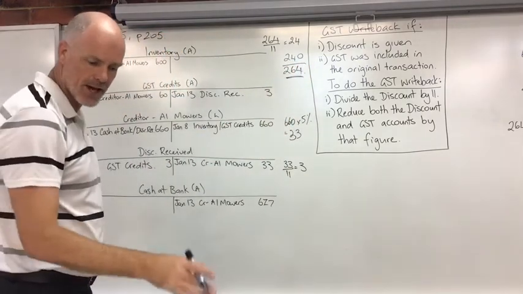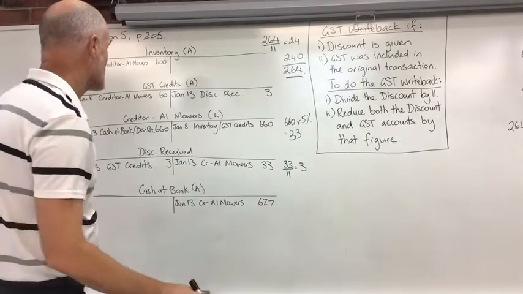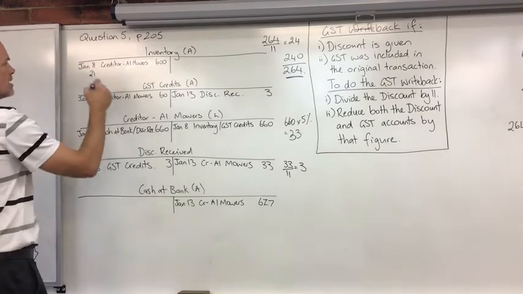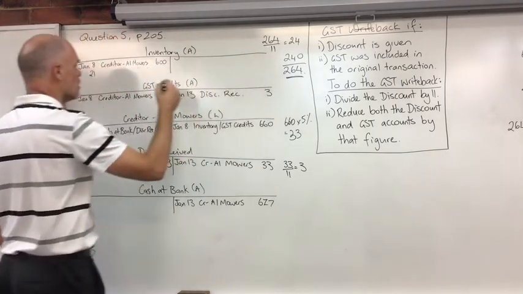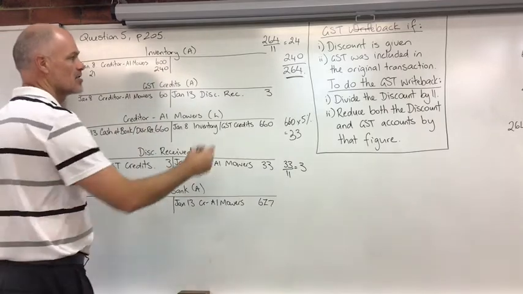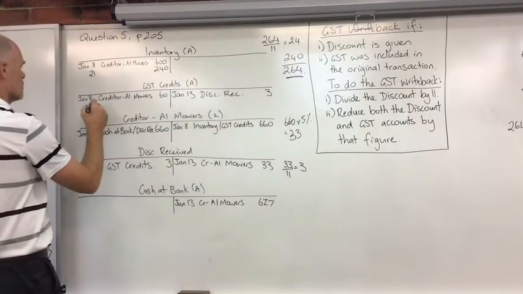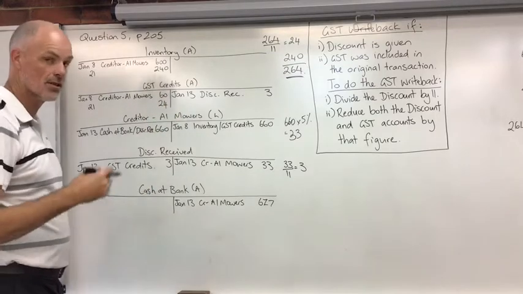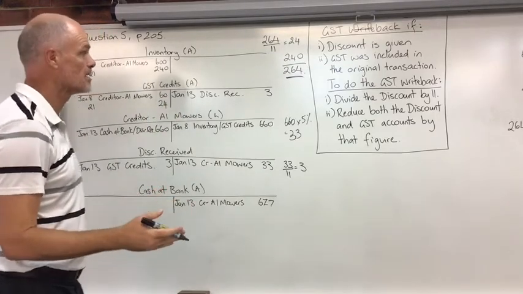So they've purchased inventory for cash. So the entry on the 21st is our inventory is increasing by the item amount of $240. Our GST is $24. And in this case, it's not being purchased on credit, it's being purchased for cash.